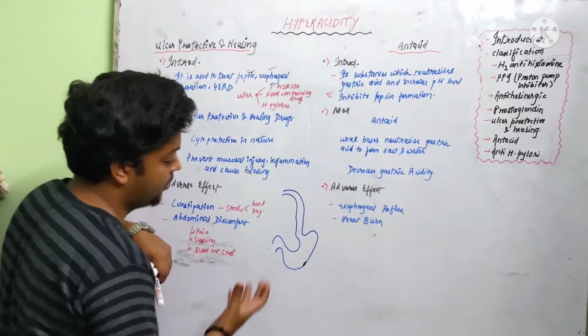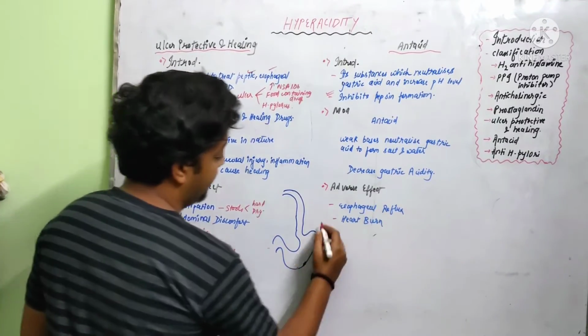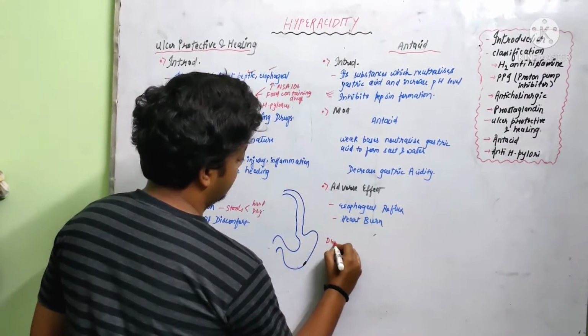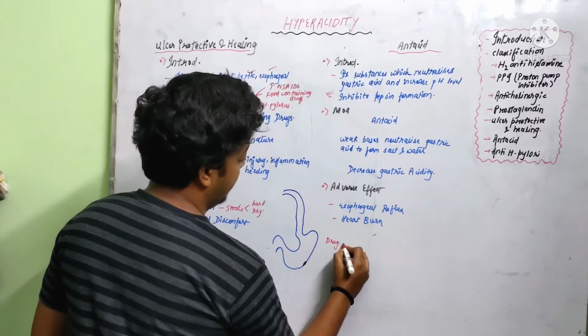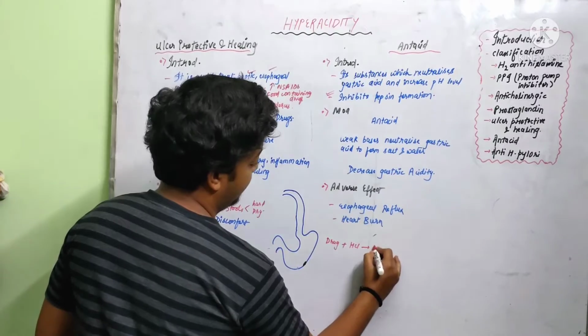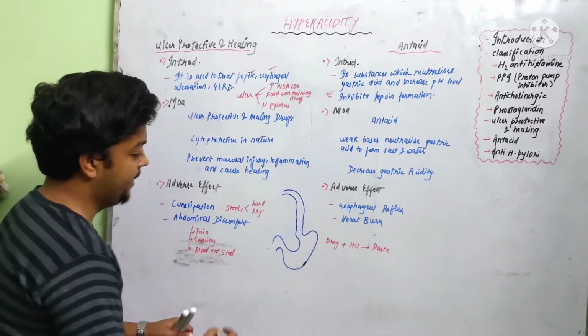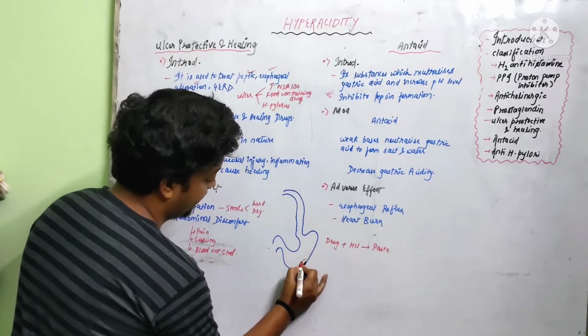Once this drug comes into contact with the acidic medium of the stomach, a reaction occurs. That is, the protective ulcer drugs react with the gastric acid HCl to form a paste. Very simple, right? And this paste is formed above the ulcer.